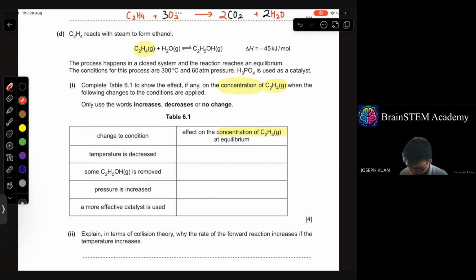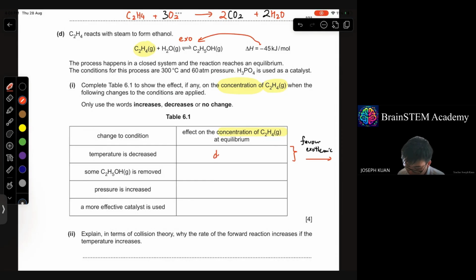First, if we decrease temperature, the equilibrium position will shift to the direction where it's exothermic. So it will favor the exothermic reaction. Based on our equation here, the forward reaction has a negative enthalpy change, meaning the forward reaction is exothermic. Therefore, it will shift to the right, making less reactants.